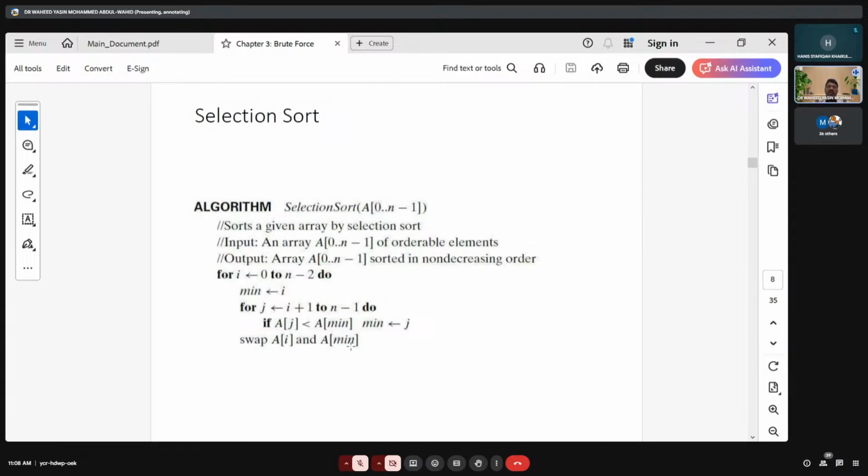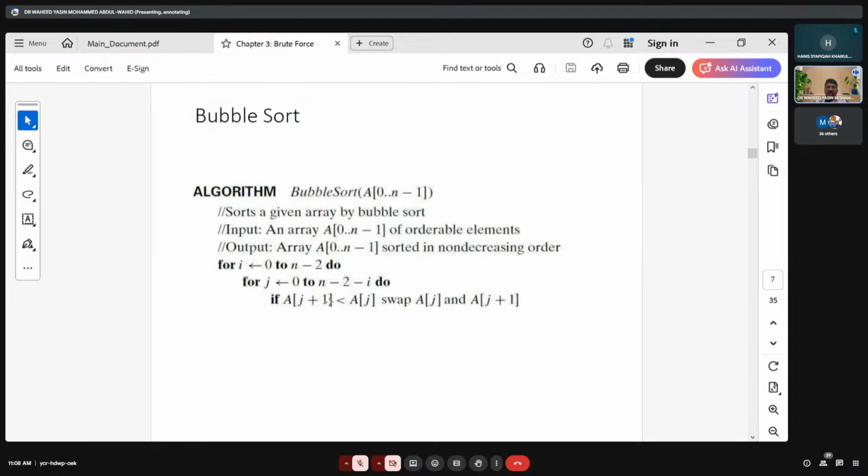Here in selection sort, I will make a swap only after I compare and find the index of the minimum value. So I don't swap with each value like bubble sort.